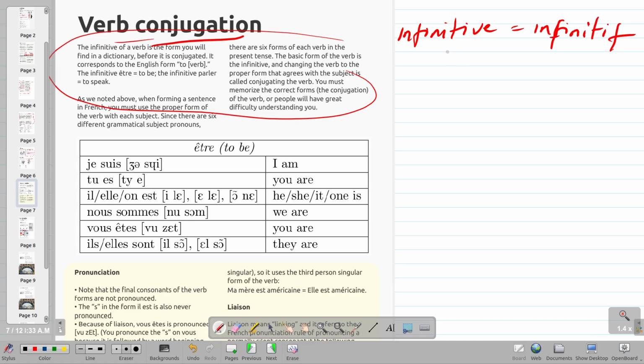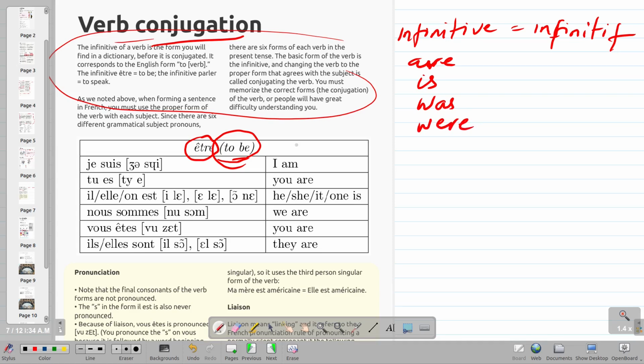So infinitive, what does that mean? Let's start with that. When you take this verb to be, which is also être, you will be seeing it in forms like are, is, was, were.